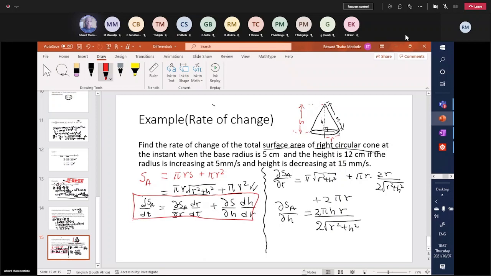That's the only option in short. Now, this is what I did. You see here they give me 5 centimeter, 12 centimeter.